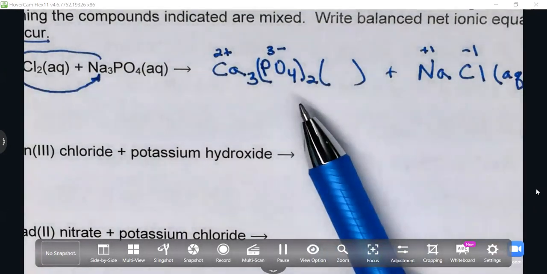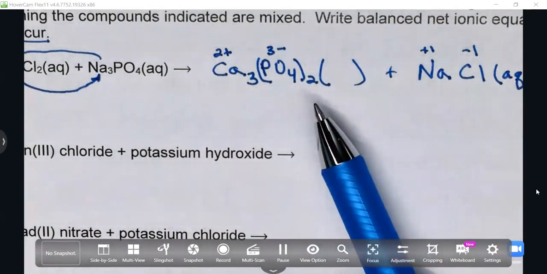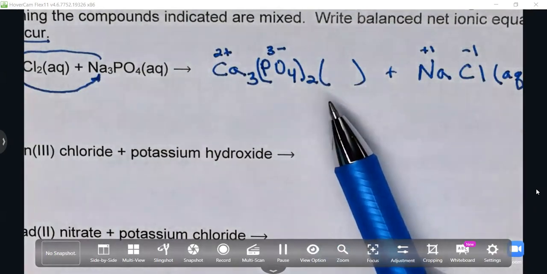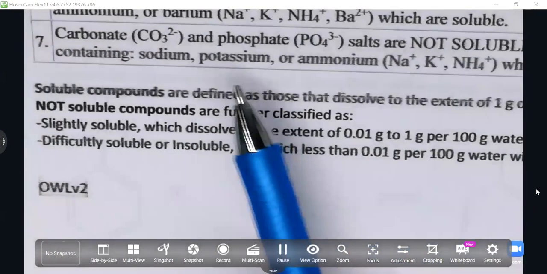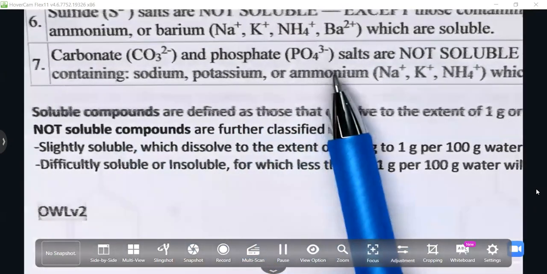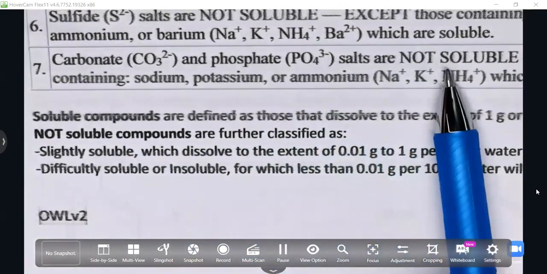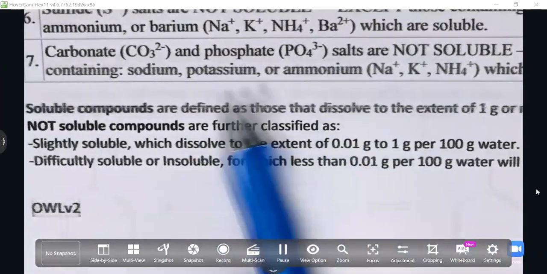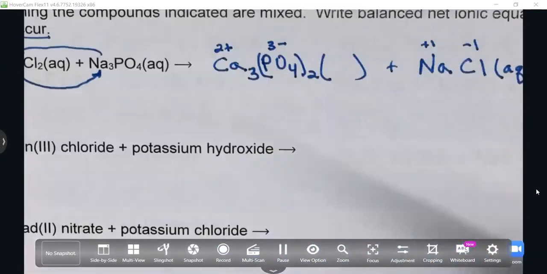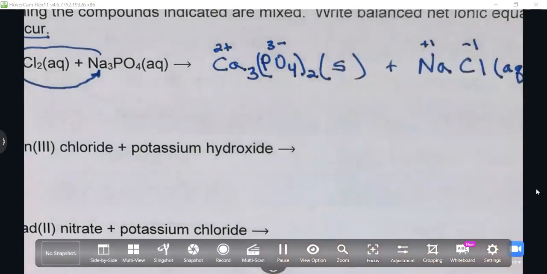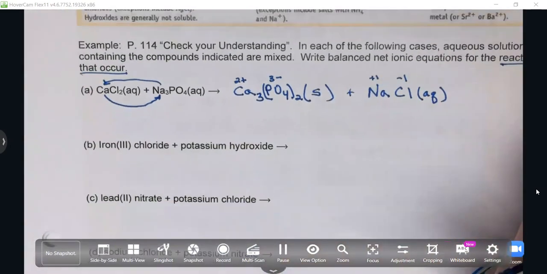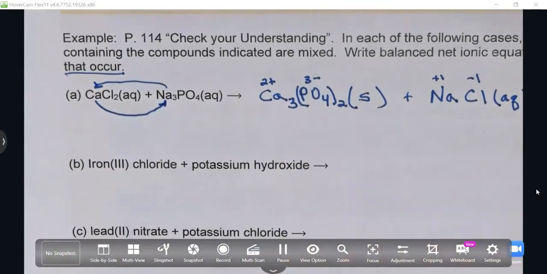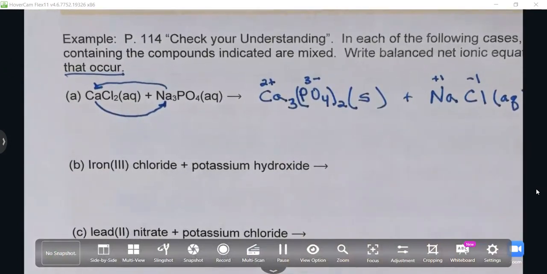Calcium phosphate, calcium phosphate, and it's the bottom one. Carbonates and phosphate salts are not soluble except those containing sodium, potassium, ammonium. So we know that this would be a solid. Then we would need to balance this equation now.